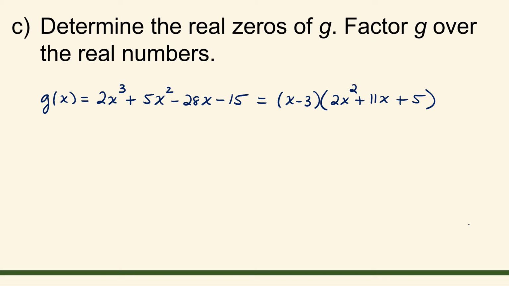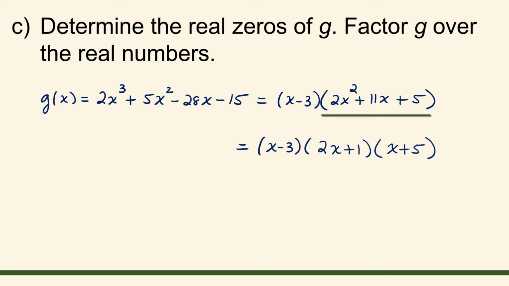Our quadratic factor, 2x squared plus 11x plus 5, can be factored further. Our quadratic factor can be factored as the quantity 2x plus 1 times the quantity x plus 5. Thus, the complete linear factorization of g of x is equal to the quantity x minus 3 times the quantity 2x plus 1 times the quantity x plus 5.